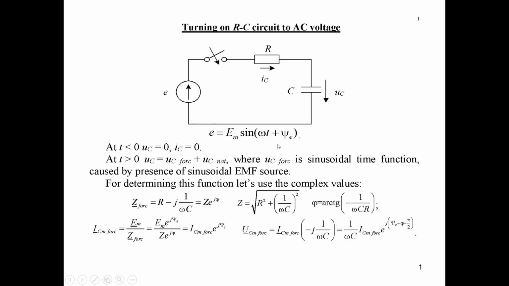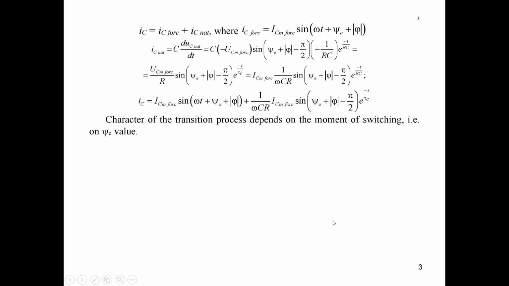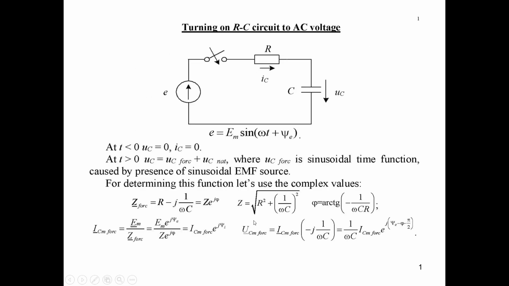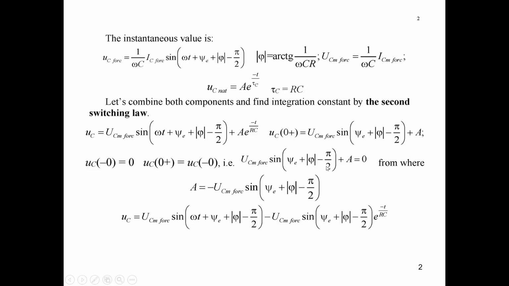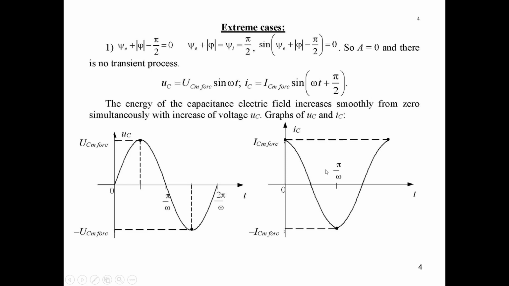We have got expressions for uC, a sum of uC forced and uC natural, and iC current through this branch, and it may be seen from these expressions that they both depend on the level of the initial phase of the EMF, this psi level. Let's consider the so-called best case when no transient processes will happen at all.